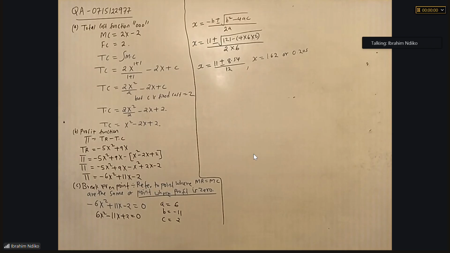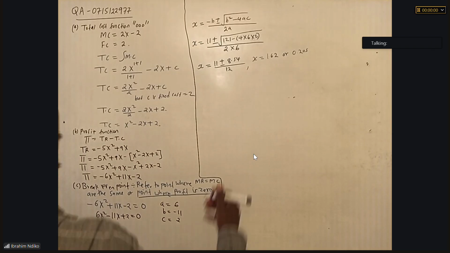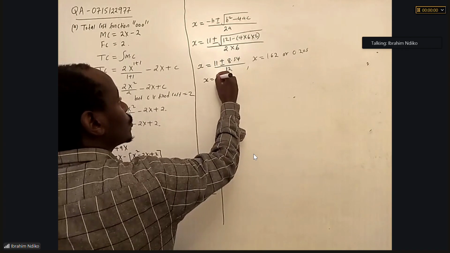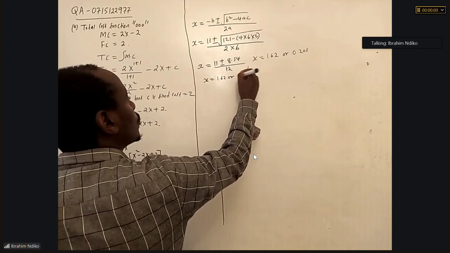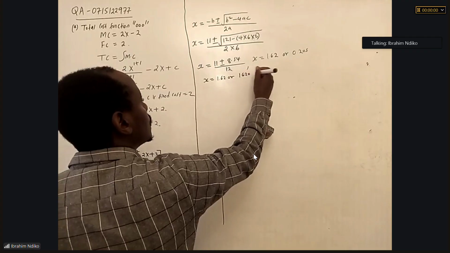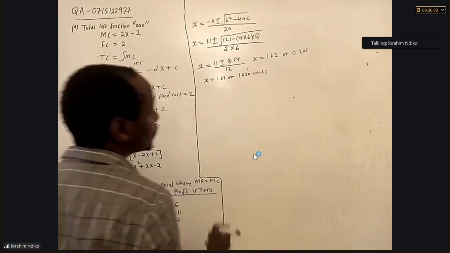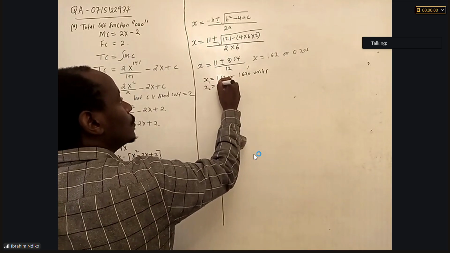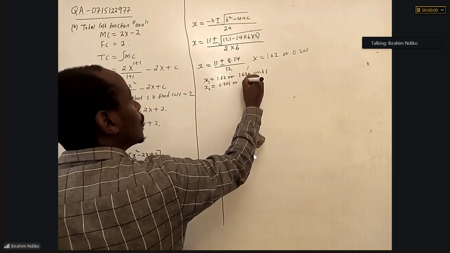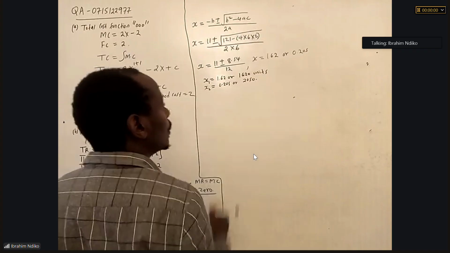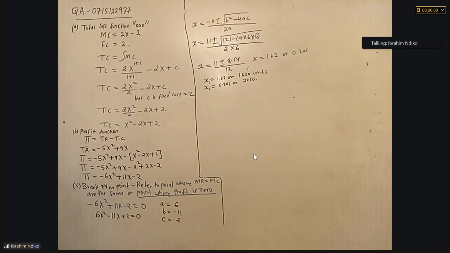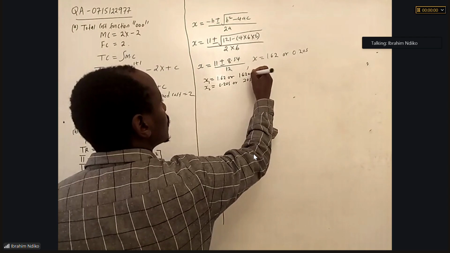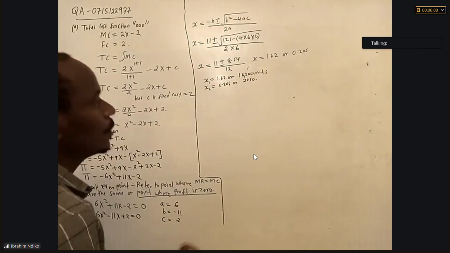So it's a point where we break even. For us to break even, we produce the minimum units. So we have 1.62, or 1620 units, because it was in thousands. And then we have another x, 0.205, or 205 units.